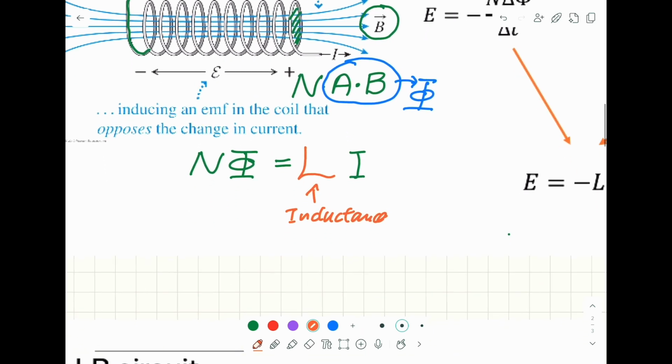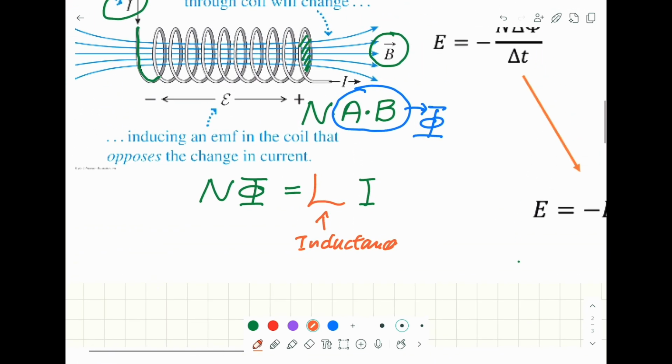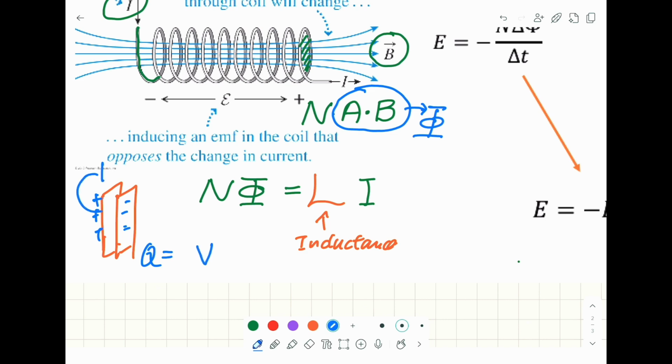So let's compare with a capacitor. In a capacitor, we have metal plates, and these plates will store charge, positive or negative. How much charge is stored is proportional to the voltage you apply across it.